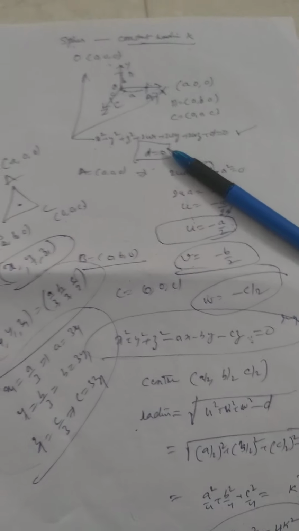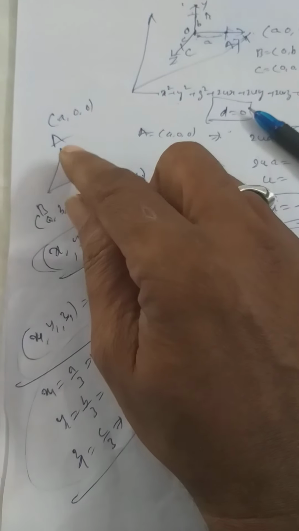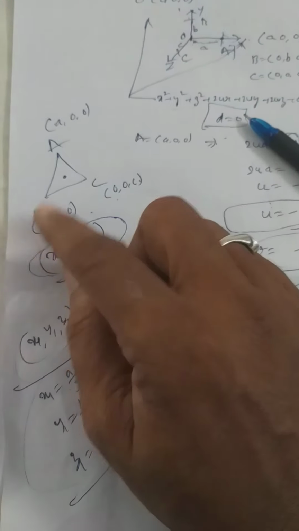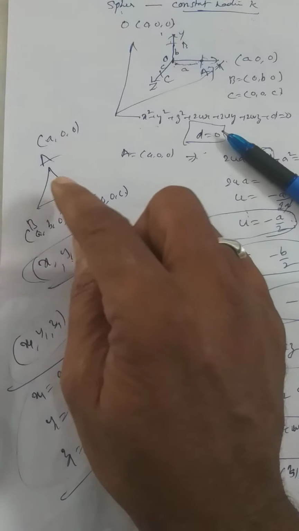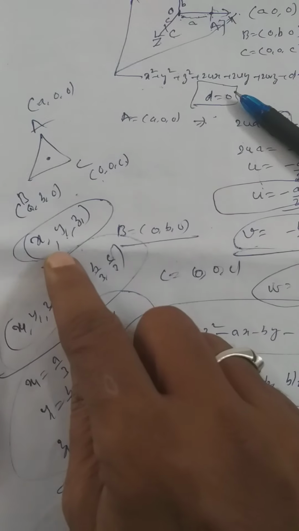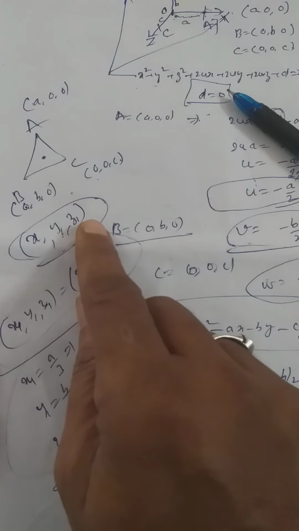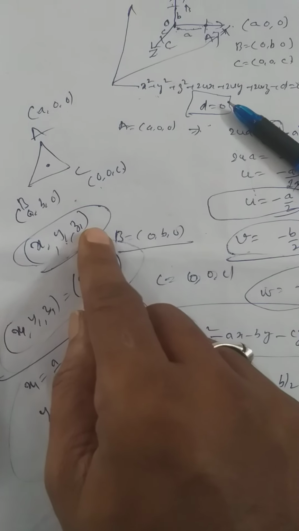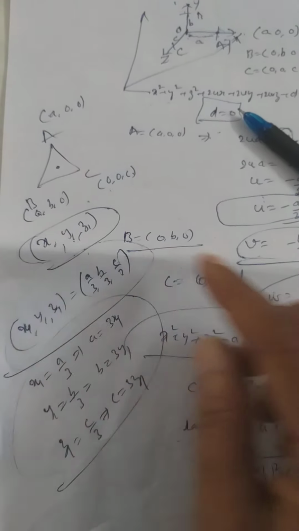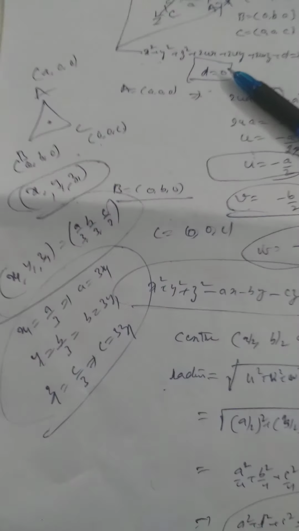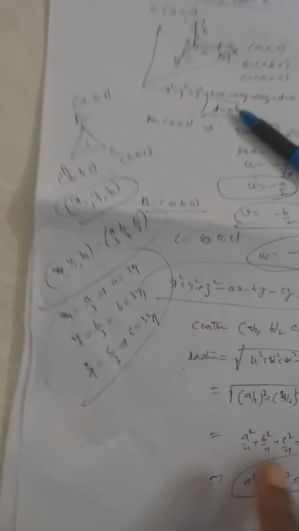Here the vertices of the triangle are A, B, C, whose coordinates we know. Let the centroid of the triangle be denoted by x1 comma y1 comma z1, right? Now equating corresponding places, that means corresponding terms.